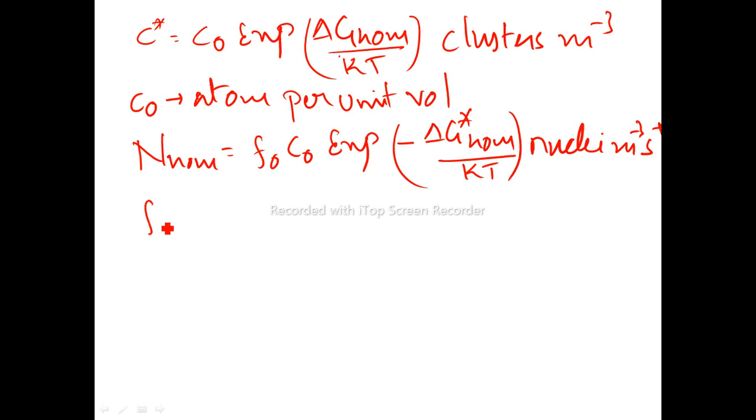Here F naught means the complex function, and delta G star homogeneous is the free energy associated with the homogeneous nucleus.